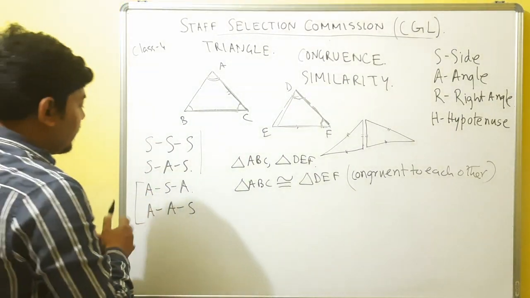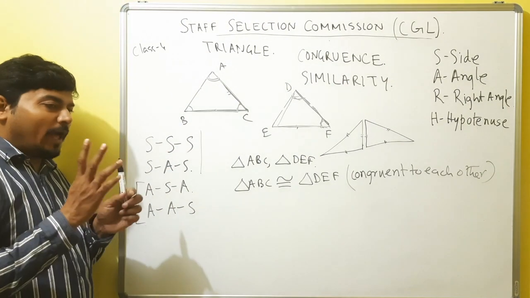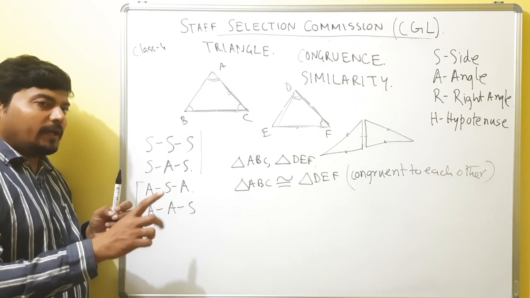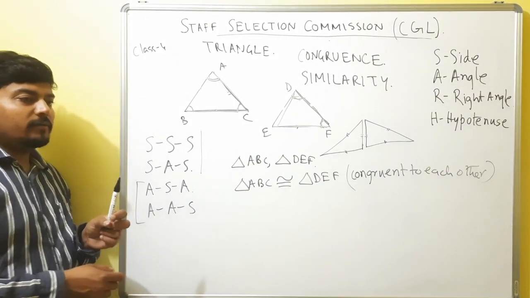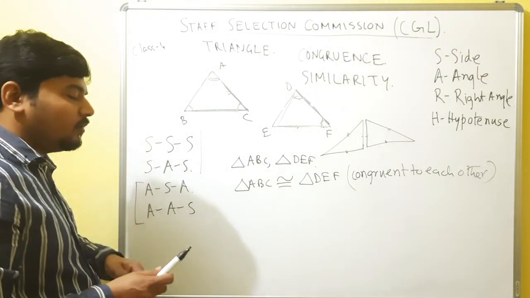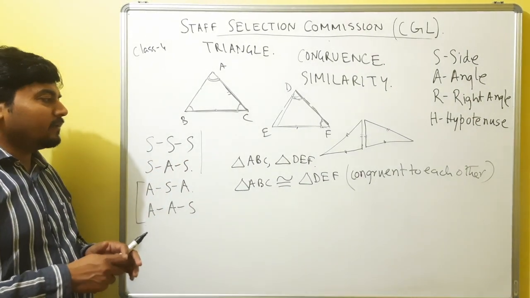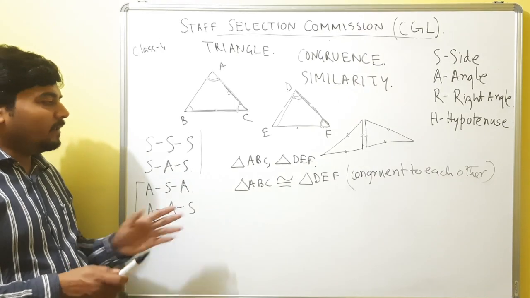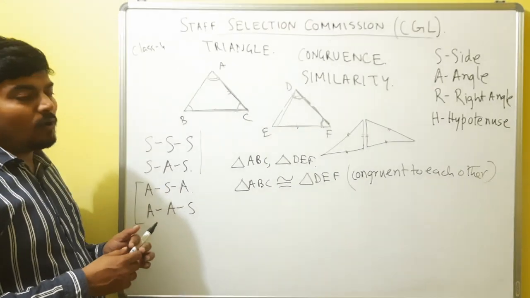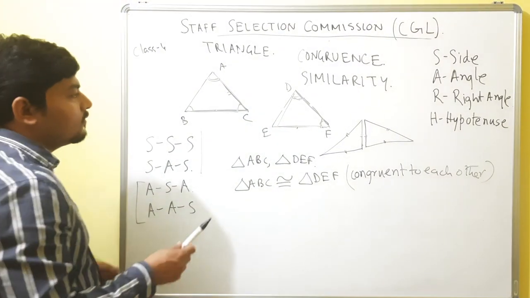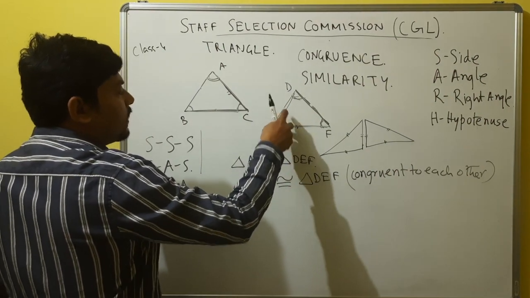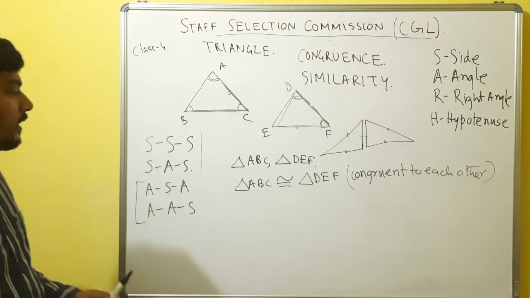These two clearly tell us that if any two angles and their corresponding two angles in another triangle, and one side and its corresponding side, in whatever order angles or sides are there, in the other triangle also they have to be in the same order. If that is the case and these pairs are the same, then these two triangles are certainly going to be congruent. Congruence means they are the same in all respects. Then it will automatically become that the other two arms are also the same, and the other angle is also the same. Okay, so that's the fundamentals of congruence.